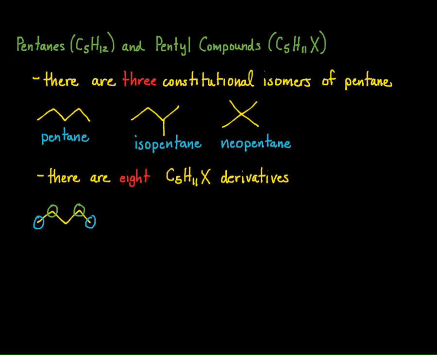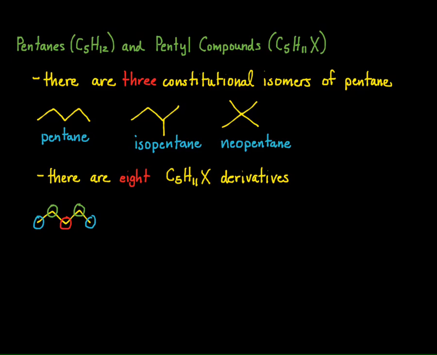Each one of them has a methyl group, 2 hydrogens, and a propyl group coming off of it. But notice these 2 methylene groups are different than this methylene group. Why? Because this methylene group has different substituents coming off of it. It has 2 hydrogens, and it has 2 ethyl groups coming off of it. And therefore, it is distinct. It is different than the other 2 methylene groups.